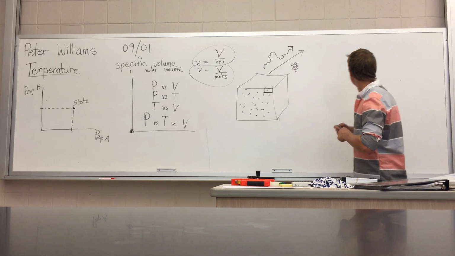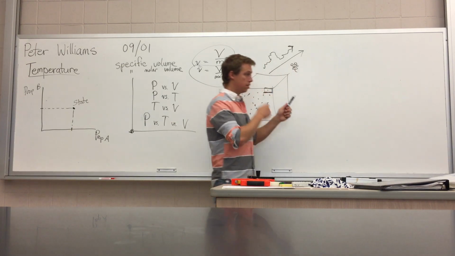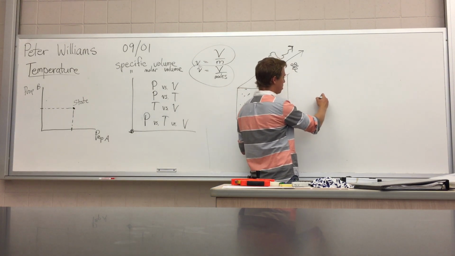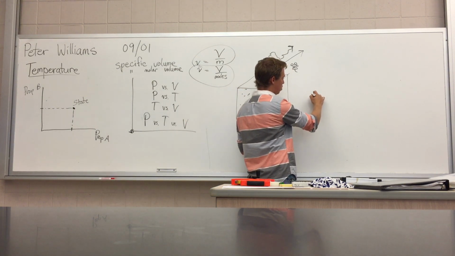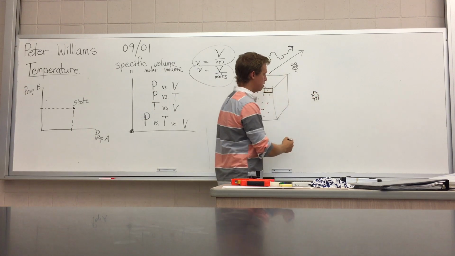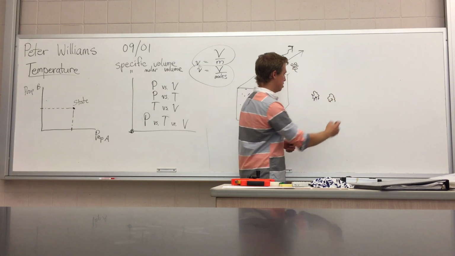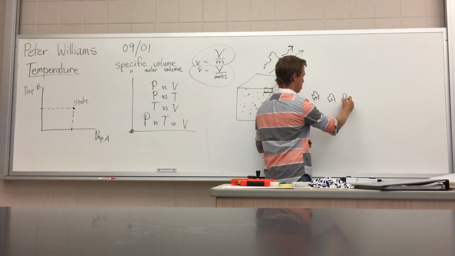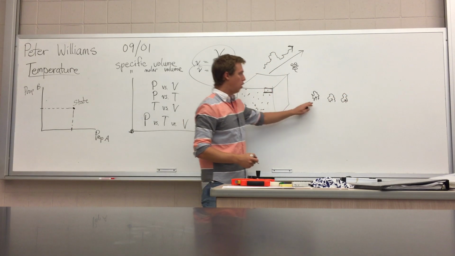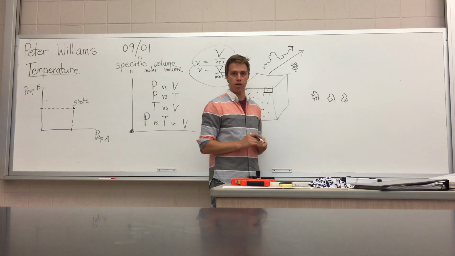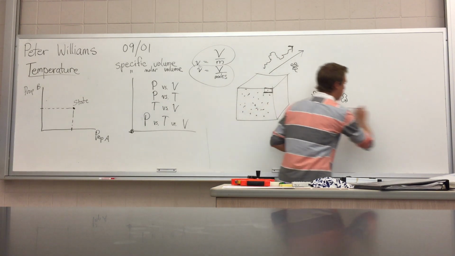So let me show you three scenarios, and you'll kind of see what I mean. So in one scenario, this particle wiggles like this, okay? And this particle wiggles like this, and this one next to it wiggles like this. And I hope you can see I've tried to draw kind of the same wiggling pattern. Okay, that's scenario one.